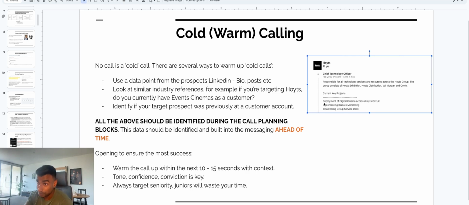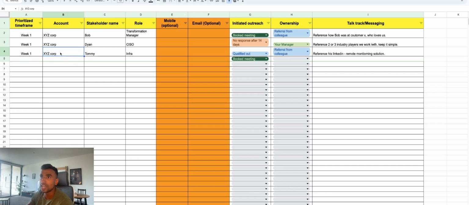You'll be surprised how much information you can find on LinkedIn. So during your PG planning block, as you are filling this out, let's say this is Hoyts. You find the stakeholder name, the stakeholder is the CTO, and see if their number is on Lucia or on your CRM. Ideally, you've got a nicely built out CRM. If not, put it into your CRM.